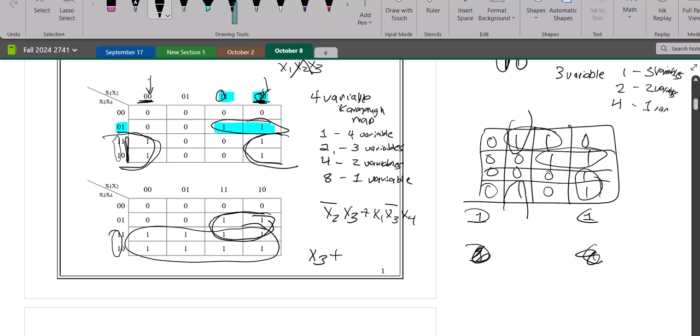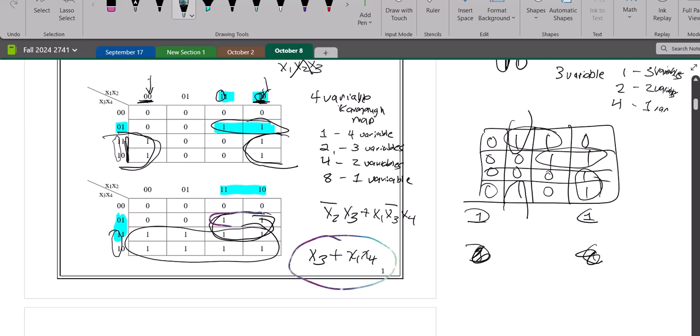On this circle right there, that involves these 2 columns and these 2 rows, and what they have in common is x1 is 1, so not complemented, and x4 is 1, so I'll have x4. And so that's the simplest one. That's our answer.